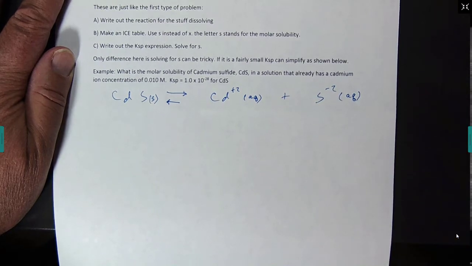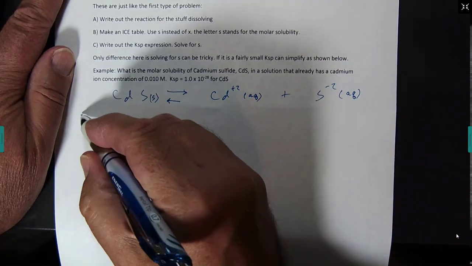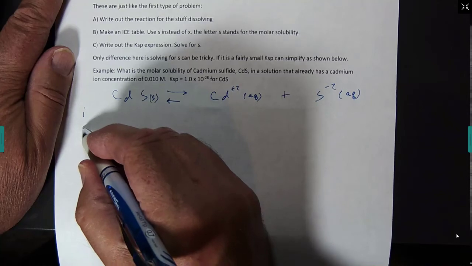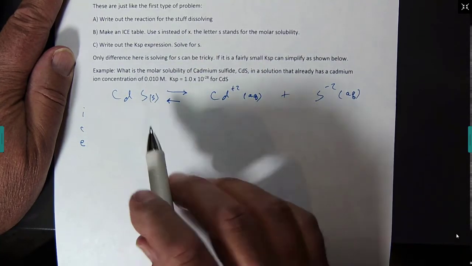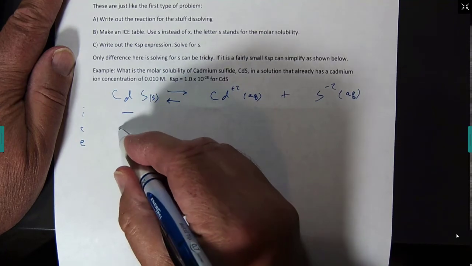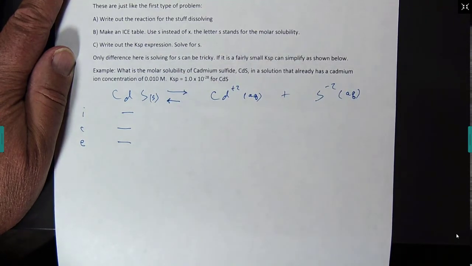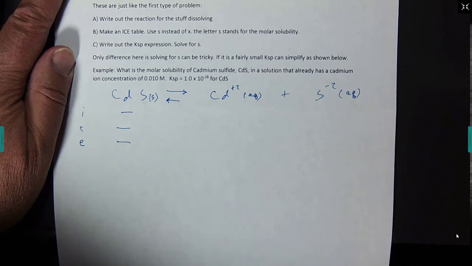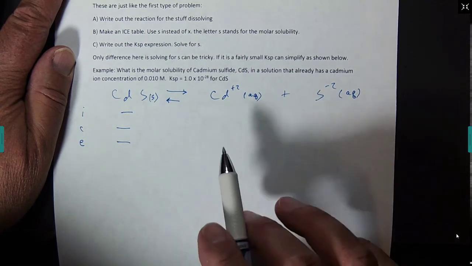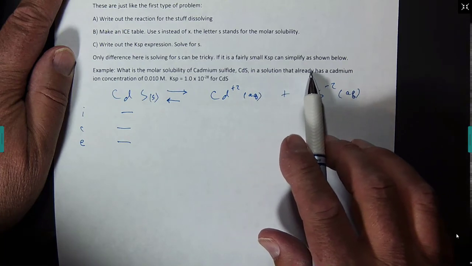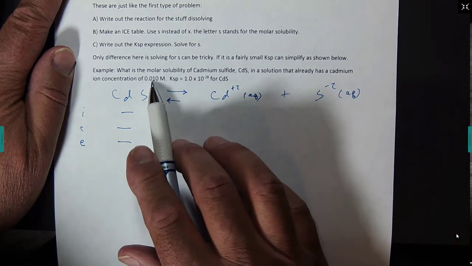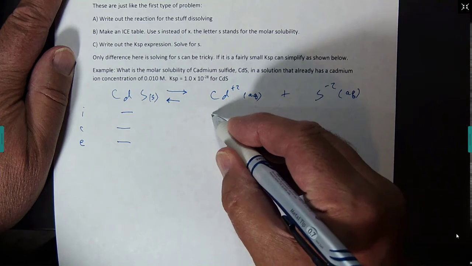That's your reaction. Make your ice table, the initial concentration, the change in concentration, the equilibrium. Again, the solid doesn't appear in the equilibrium expression, so we don't care about that. Not applicable, so to speak. Now, this one's telling us cadmium sulfide in a solution that already has a cadmium ion concentration of 0.01.